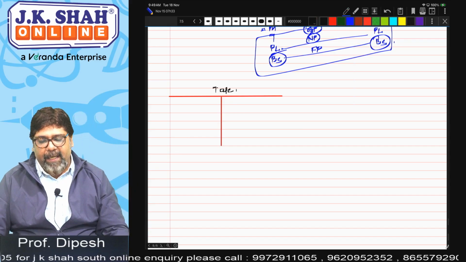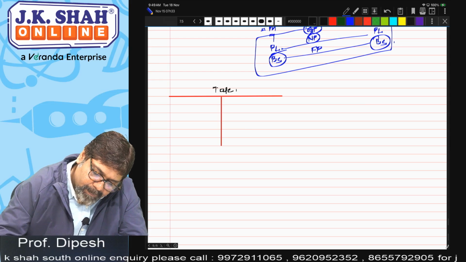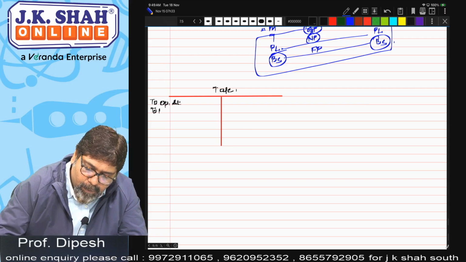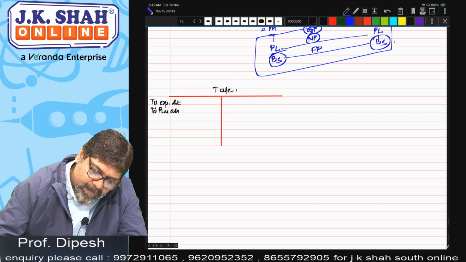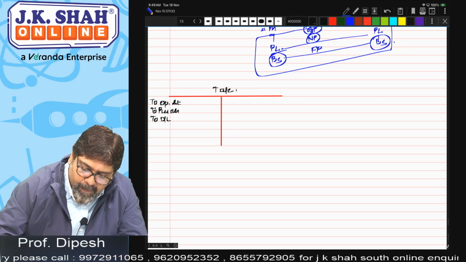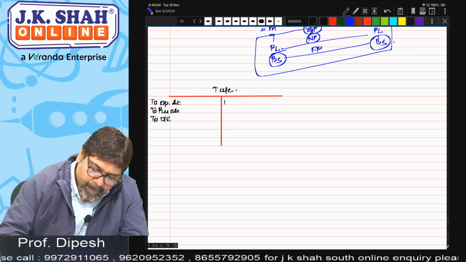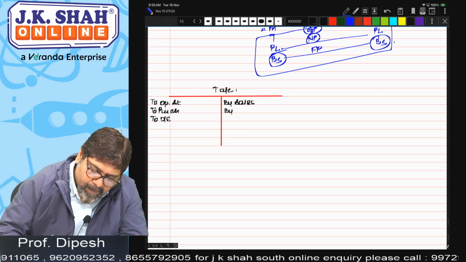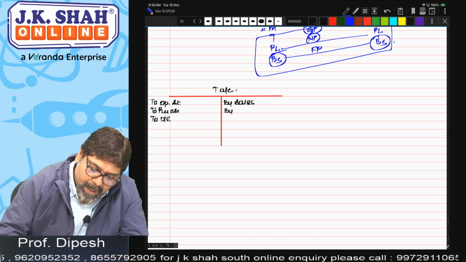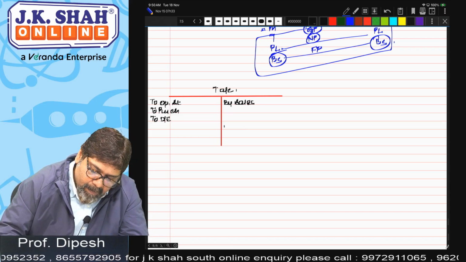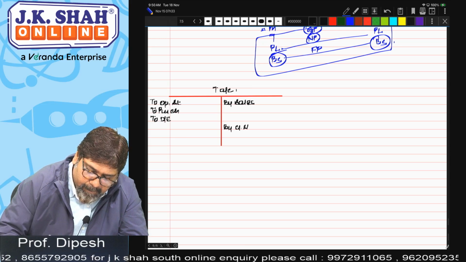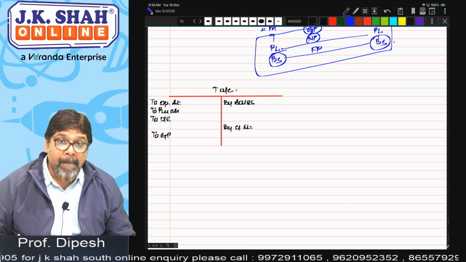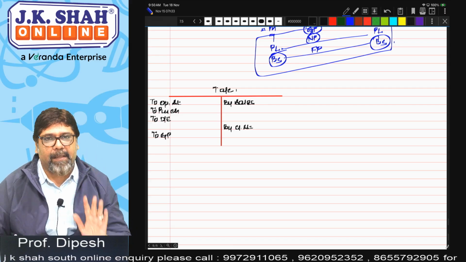To opening stock, to purchases less returns, that is net purchases, to direct expense, by sales, net sales, by closing stock, to gross profit. Correct.